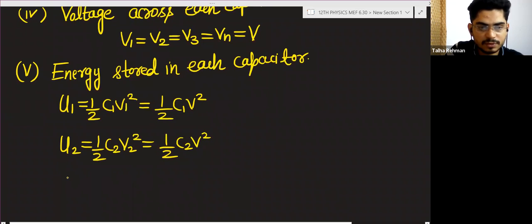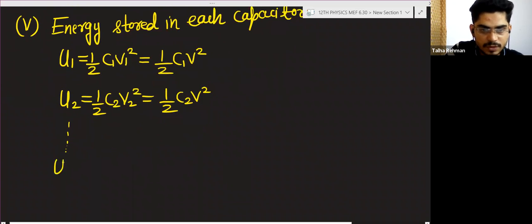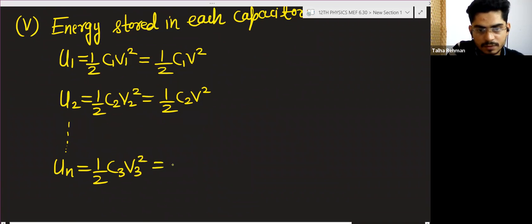In this way, you can calculate the energy. For the third capacitor, half C3 V3 square, you can write half C3 into V square.